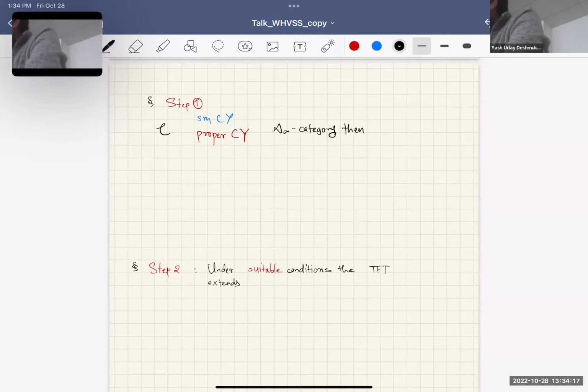Then the Hochschild chains on C has an action of, so in the smooth case we get an action of surfaces with at least one output, and in the proper case we get an action of surfaces with at least one input.